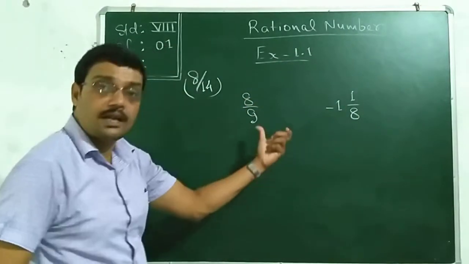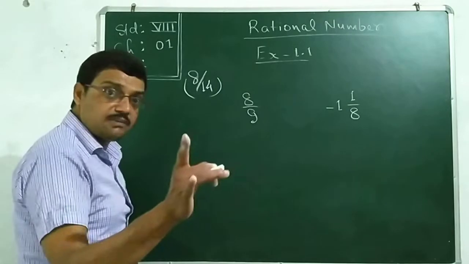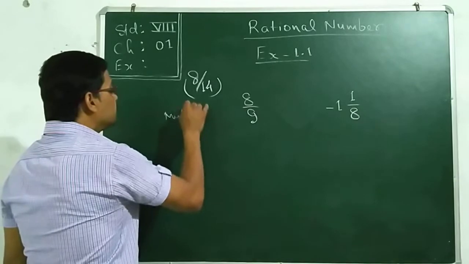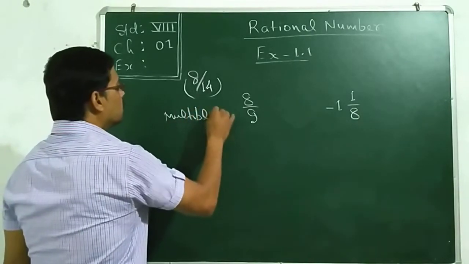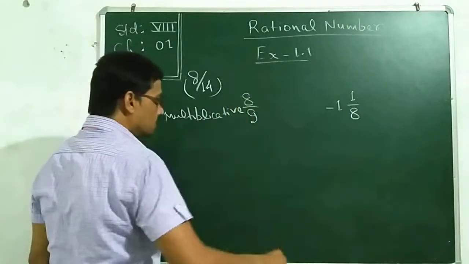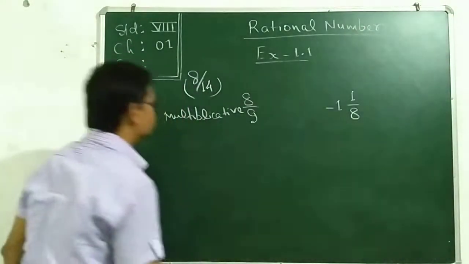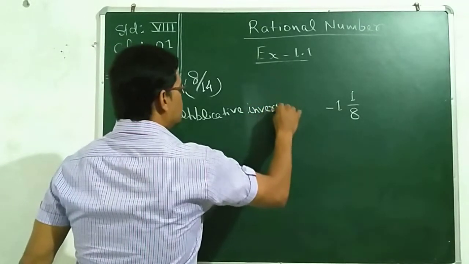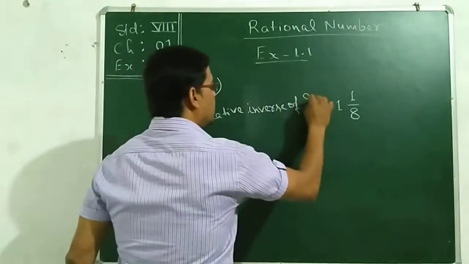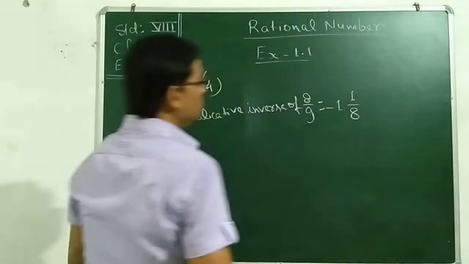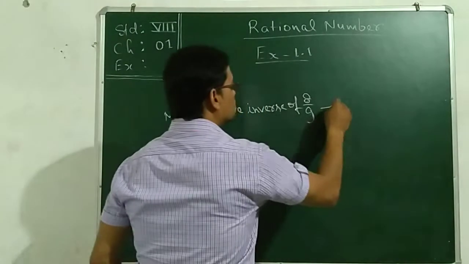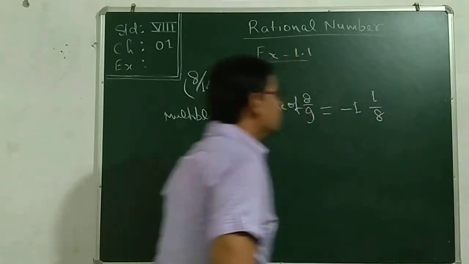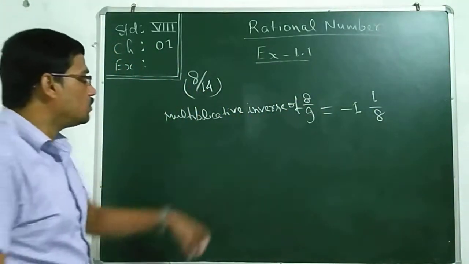If it is equal, then it is yes, otherwise no. So let us find. Let me write again. The multiplicative inverse of 8 by 9 equal to minus 1 whole 1 by 8. We need to verify this.